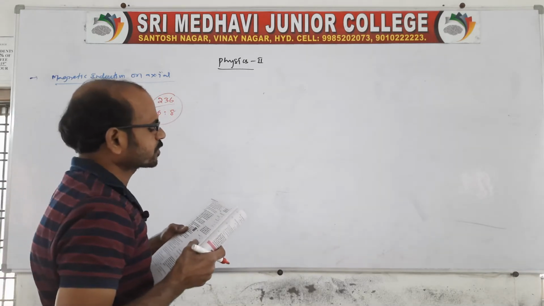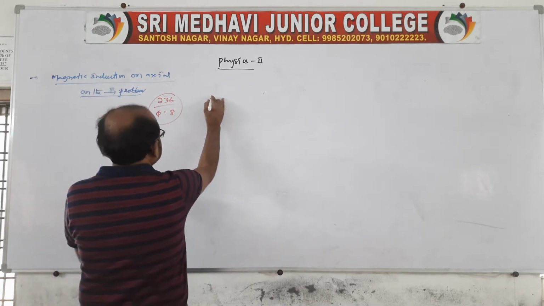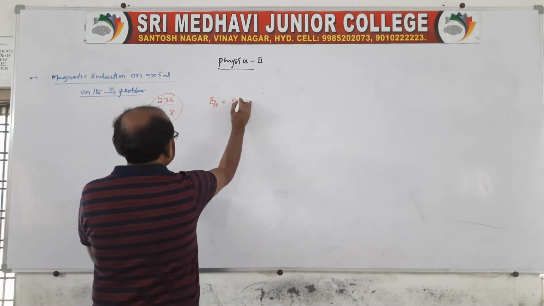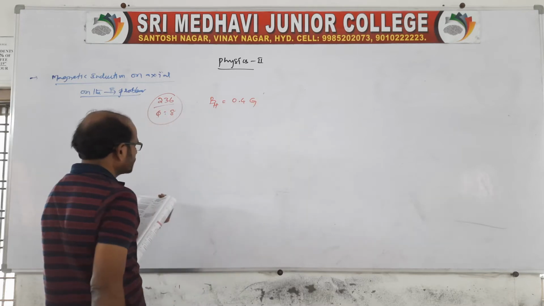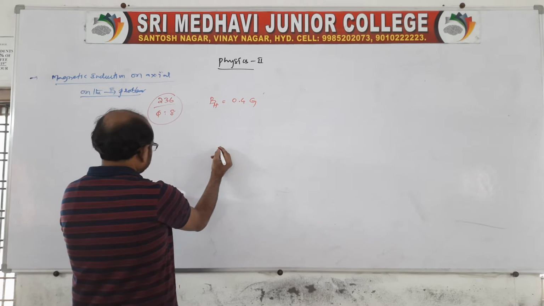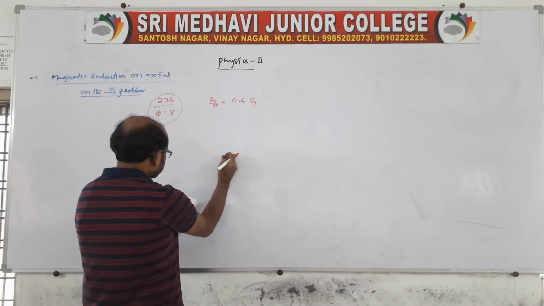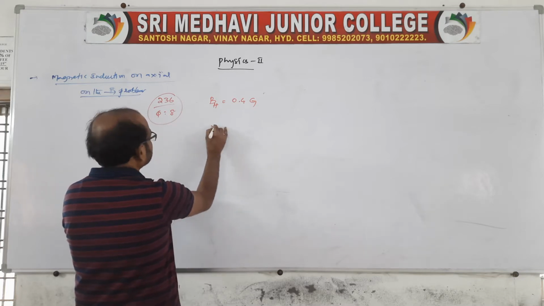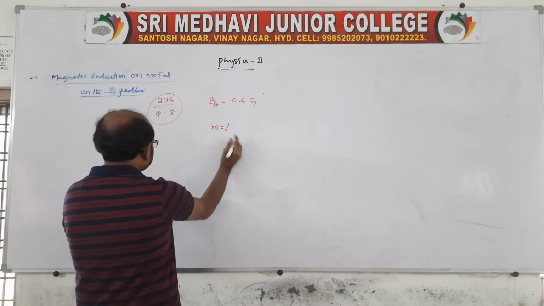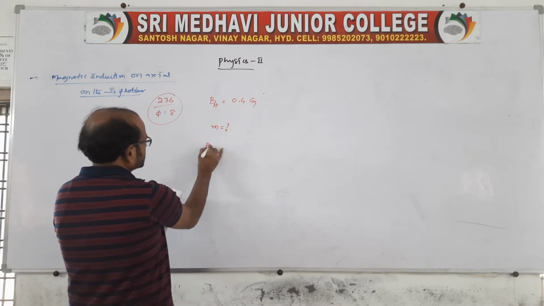See the question. The earth's magnetic field at the equator is approximately 0.4 Gauss. Estimate the earth's dipole moment. Dipole moment M is being asked.